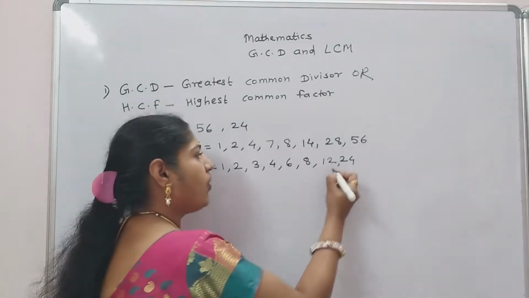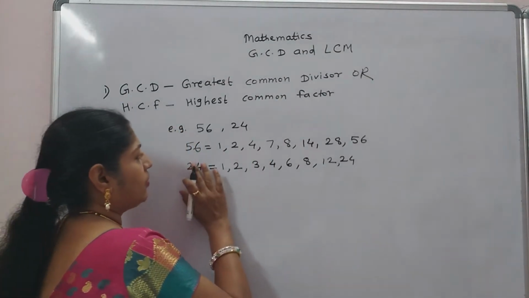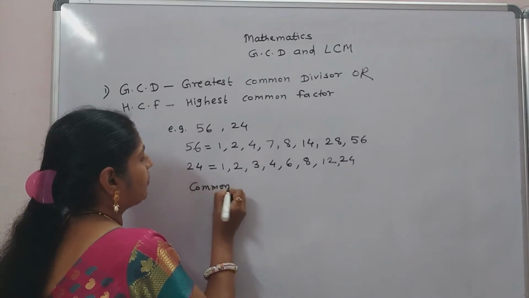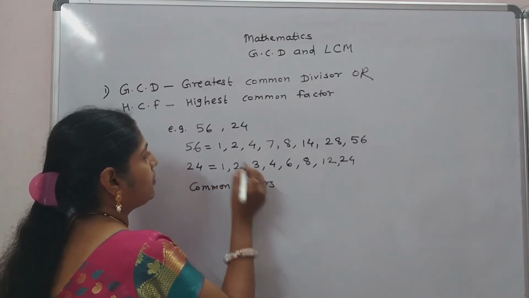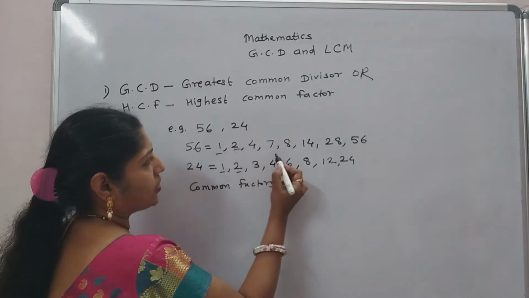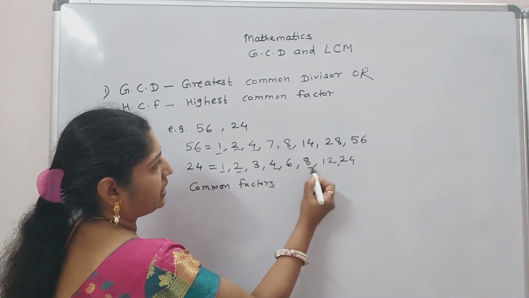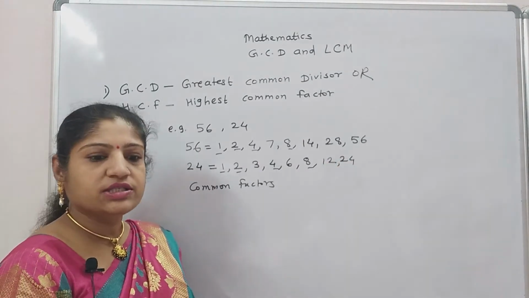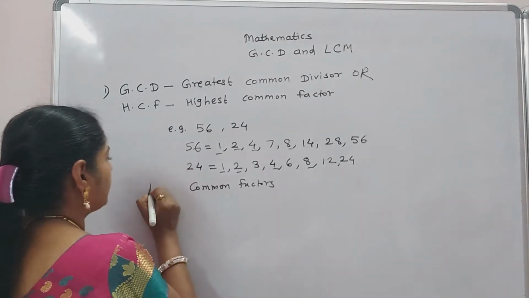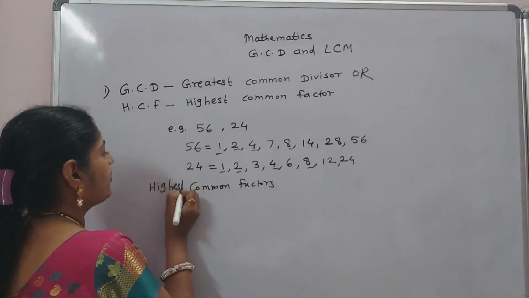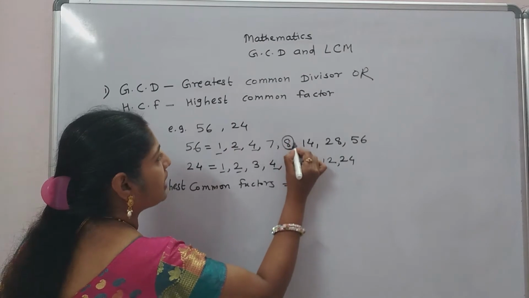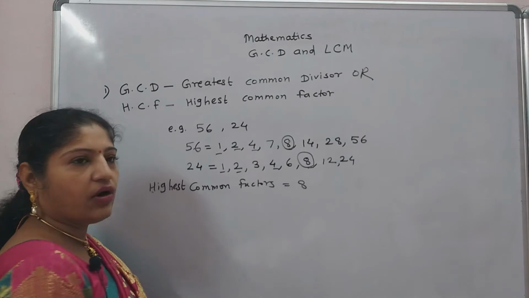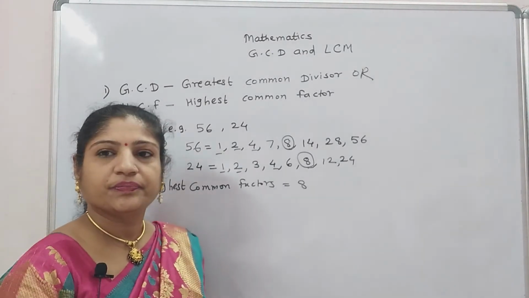Now the common factors: 1, 2, 4, 8. These are the common factors, but which is the highest common factor? 8 is the highest common factor. So HCF or GCD is equal to 8.